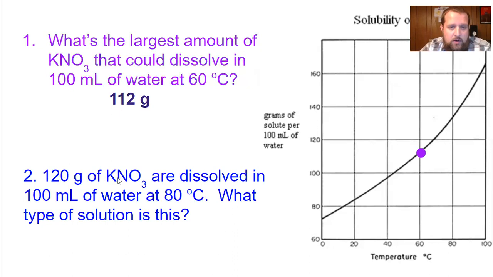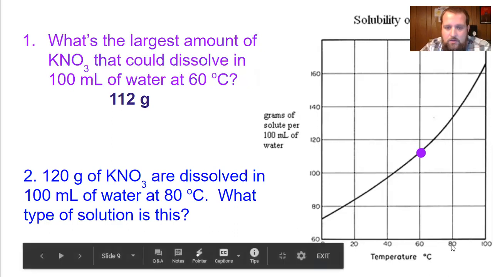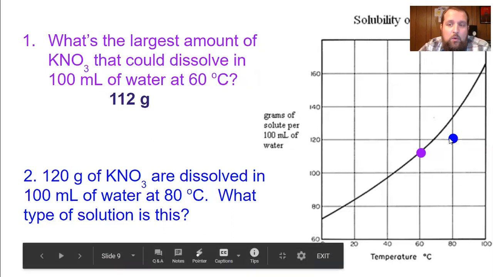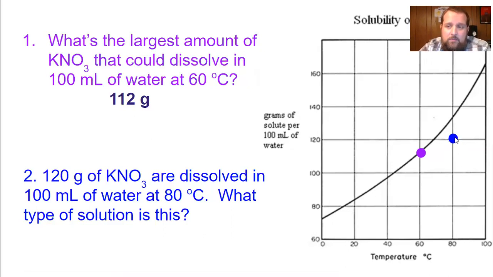So 120 grams of KNO3 would be here. And we follow that over until we get to 80 degrees Celsius. So that point is right there. 120 grams, 80 degrees. And that point is under the line. Since it's under the line, we know it's unsaturated.